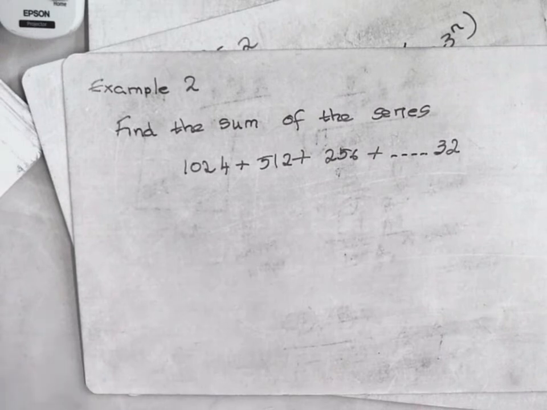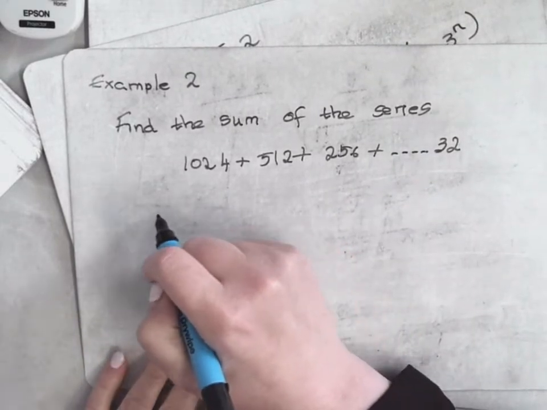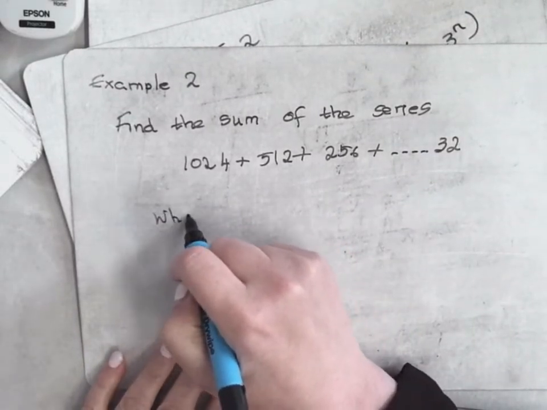So it's not Sn, it's S10, 20, 50, we don't know. So we have to figure out what they are actually asking me for. I have to figure out what term number.